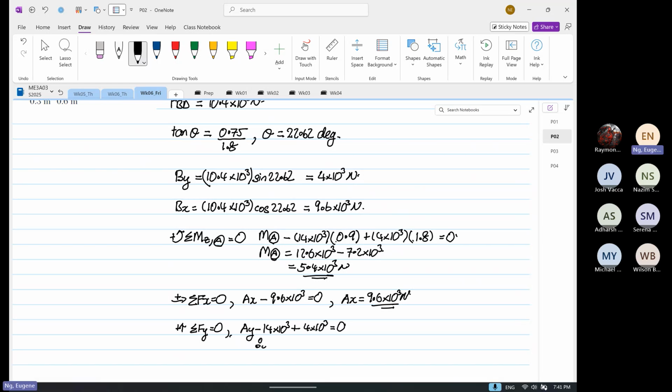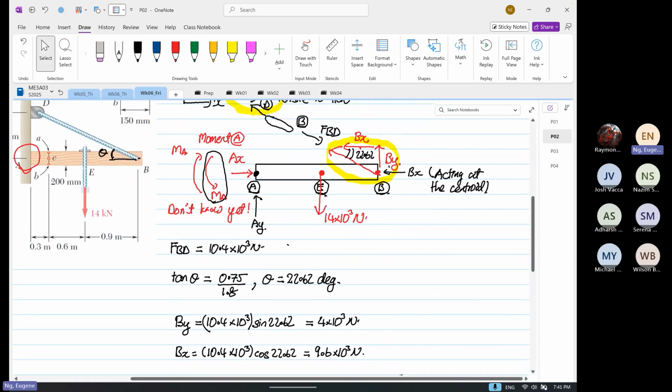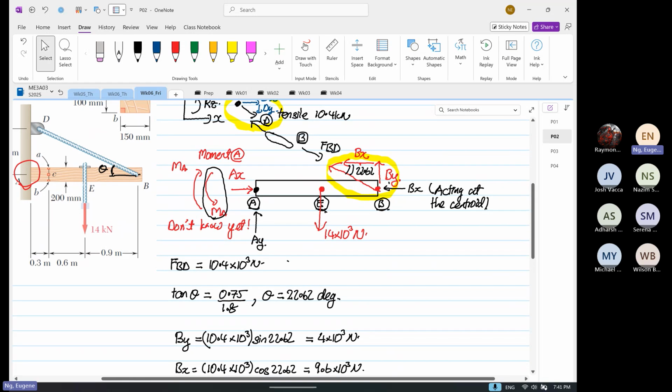So therefore, AY is equal to 10 times 10 to the power 3 Newton. And it's positive, which means this is valid. So from here, we found what is happening at point A. Because point A is built in, it has AY, AX, and it has a moment MA.